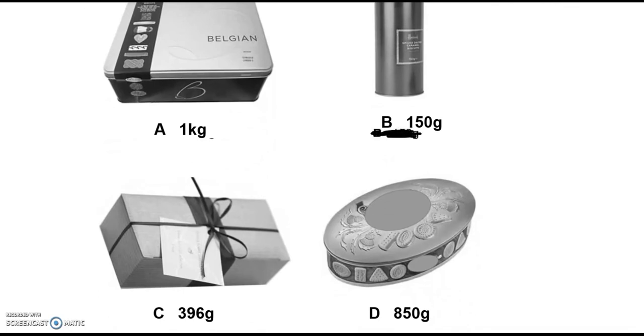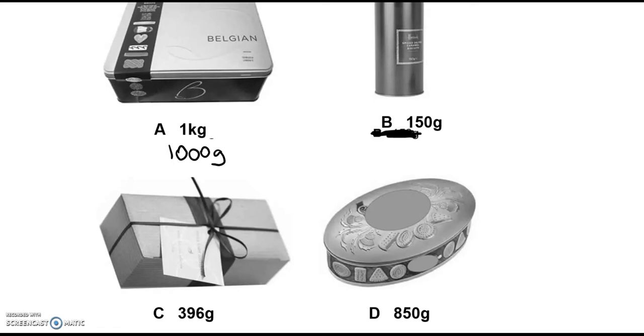So we've got A weighing 1 kilogram, B 150 grams, C 396 grams, and D 850 grams. First of all, let's just convert them all to grams. So 1 kilogram is equal to 1000 grams.